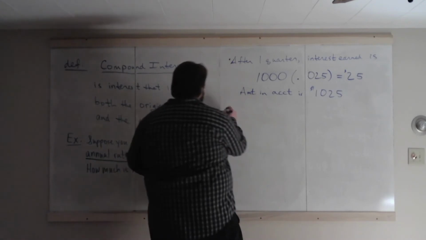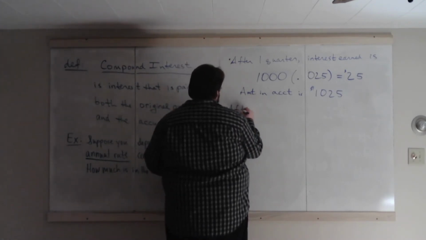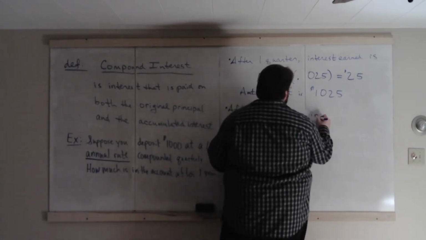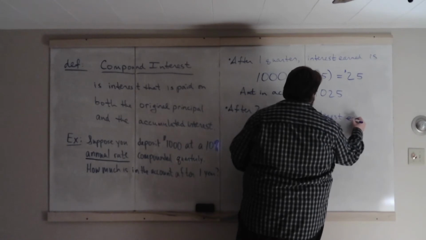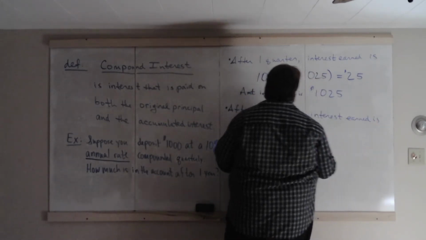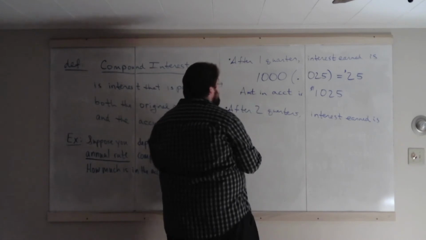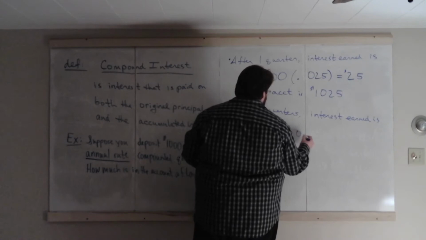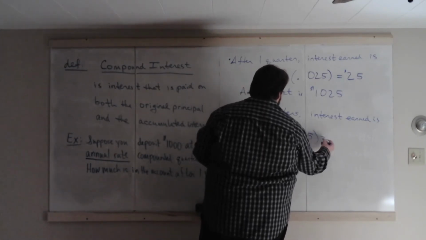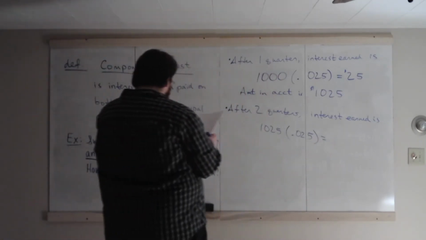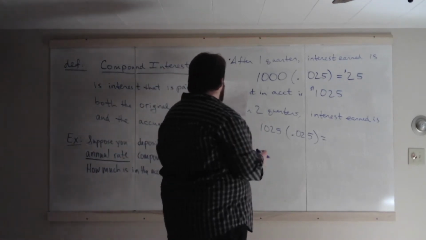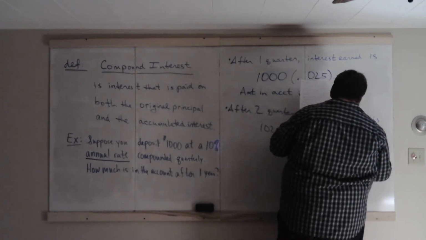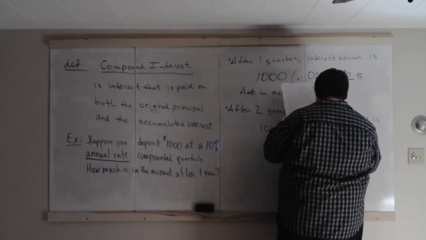So let's do after 2 quarters. Interest earned is what? Well, at the beginning of quarter 2, you have $1,025. And it's again at a 2.5% rate. So 1,025 times 0.025 is approximately 25.6.